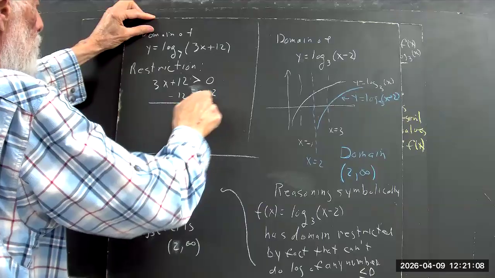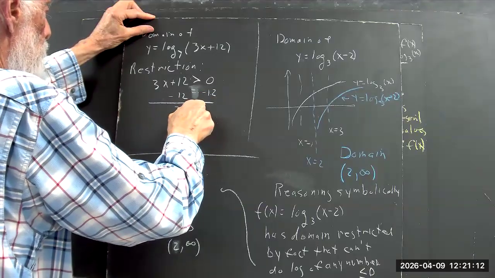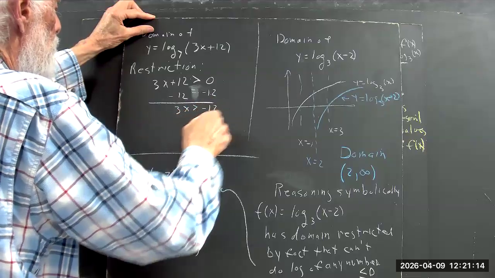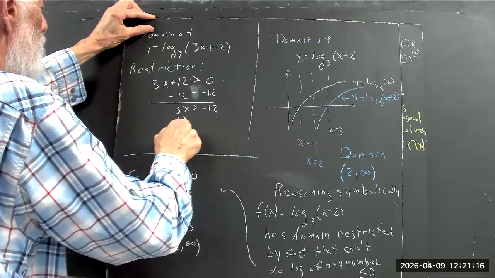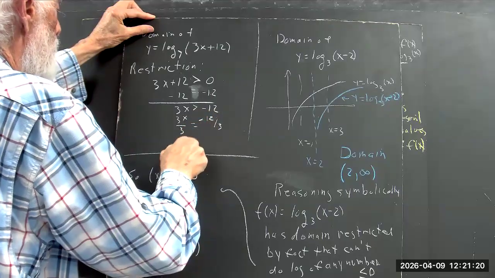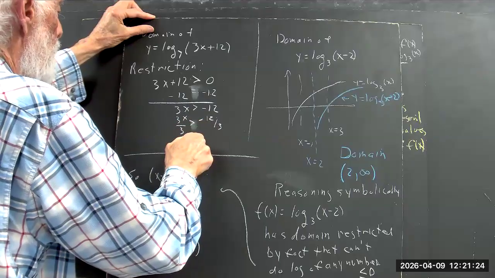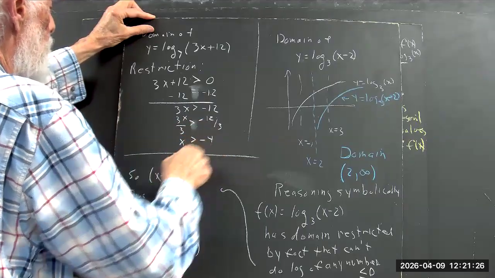Subtract 12 from both sides, and you get 3x greater than negative 12. Divide both sides by 3, and you get x greater than -4.